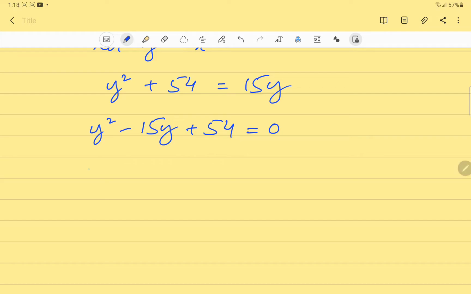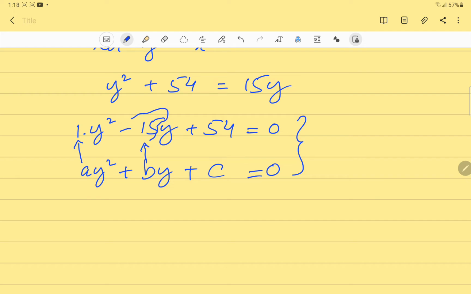The general form of a quadratic equation is ay squared plus by plus c is equal to 0. By comparing these two equations, we will get a is equal to 1, b is equal to minus 15 and c is equal to 54.